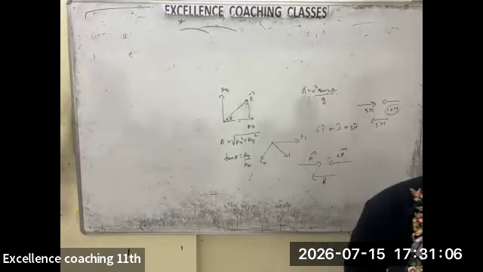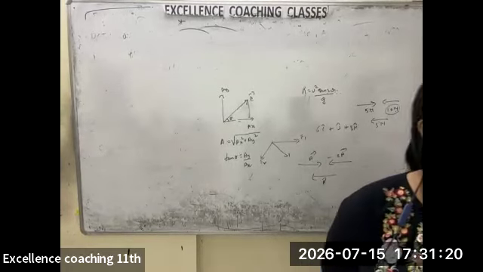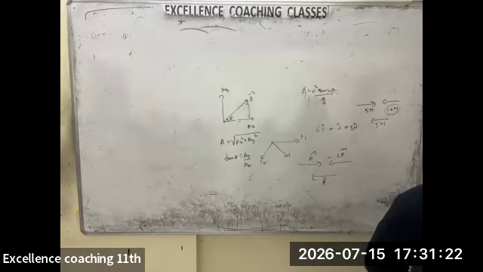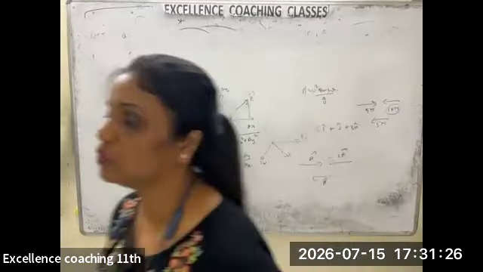This is which concept? Projectile motion. Calculate the maximum height. Calculate the time taken by the ball to return to the same level. So what you are finding out? H and time of flight. G you take as 10 meter per second squared. Do not take G as positive or negative when you are solving projectile motion, because we already did the derivation.